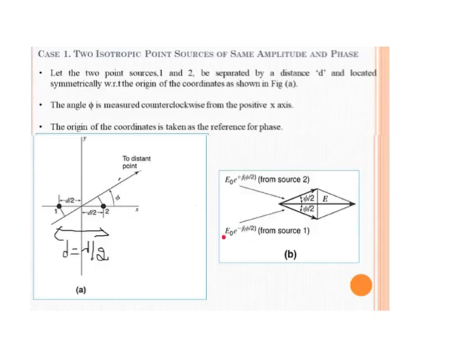The total field potential at the distant point from source 1 is represented as E naught exponential of minus j psi by 2. From source 2 it is represented as E naught exponential of plus j psi by 2, since it is nearer to the distant point compared to 1. These two now sum up and result in the total electric field E.